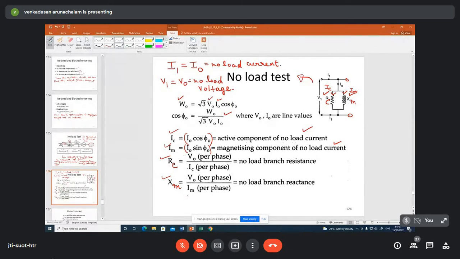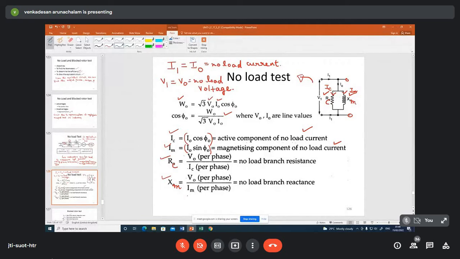And this is the equivalent circuit under no load condition. It means that you have only the shunt parameters. You don't have any effect of series parameters because there is no load connected to the induction motor. This is very similar to the transformer.